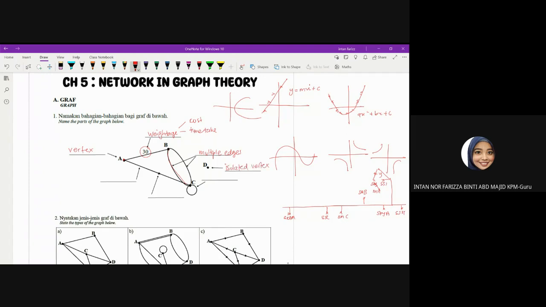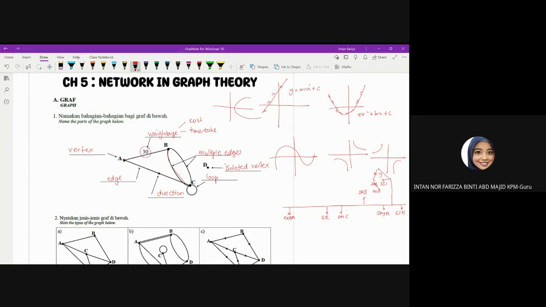There's a circle at vertex C, and this is what we call a loop. In Malay, we call it gelung. Next, there's an arrow on the line. This is called direction. Next, this line that connects AB and AC we call an edge. If more than 1, it is called edges.